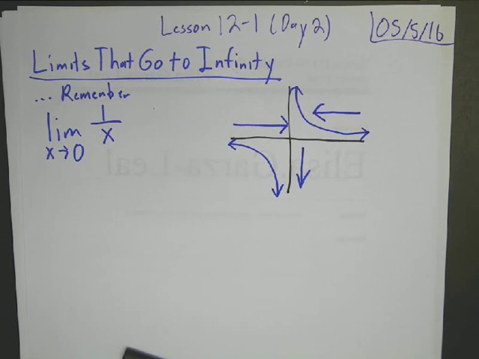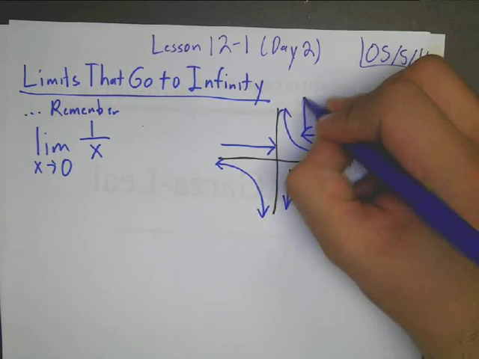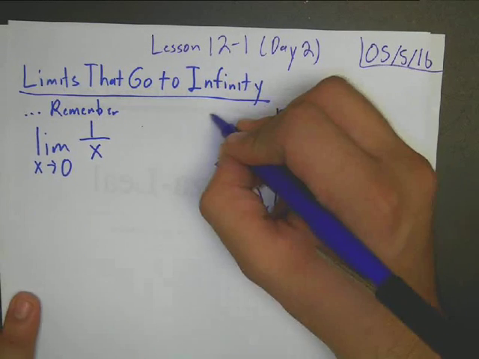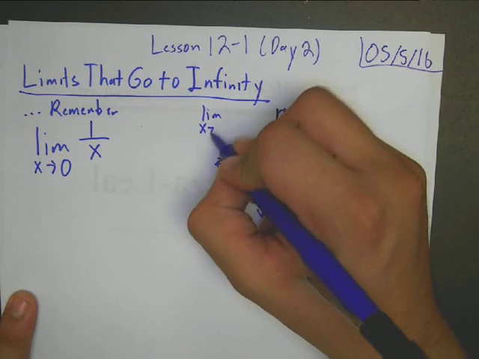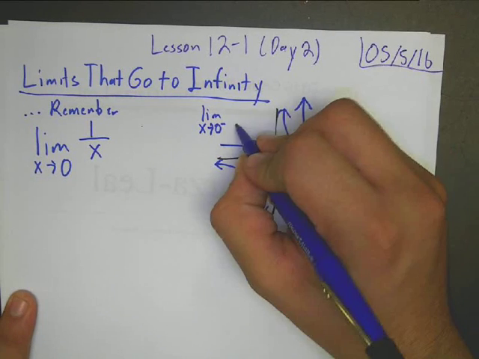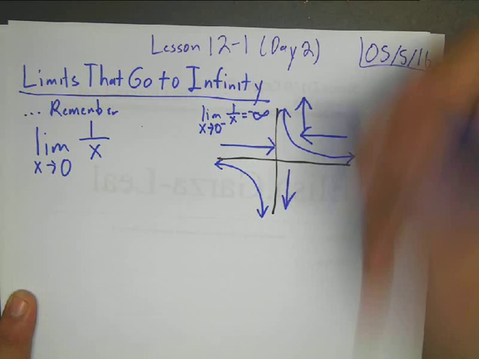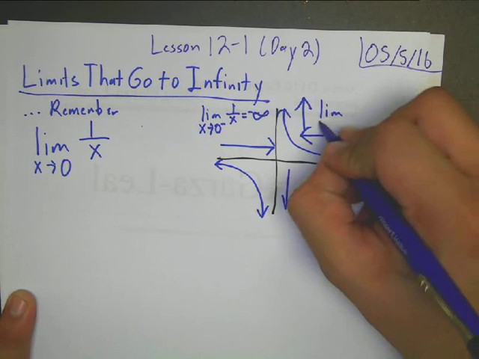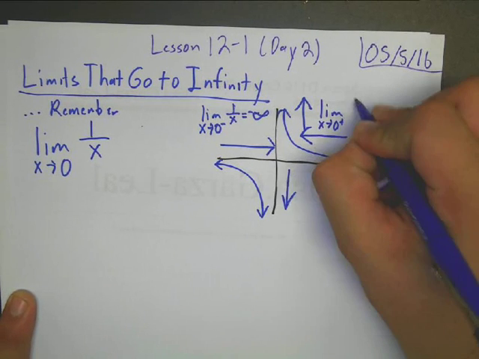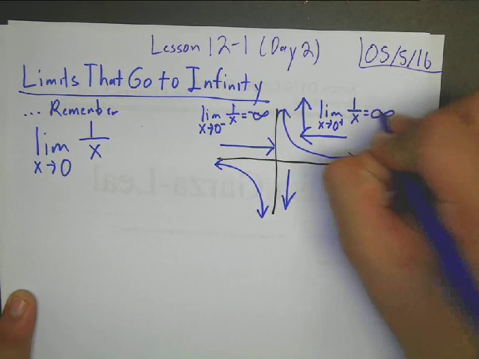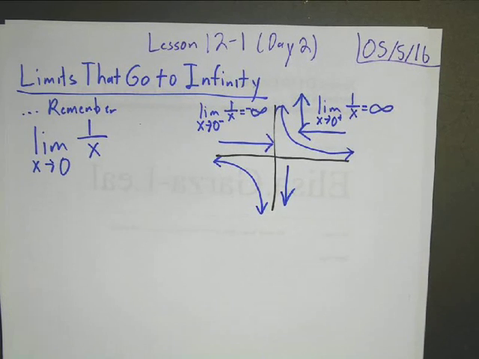Positive infinity. So, the limit as x approaches 0 from the left side (the negative means from the left) of 1 over x is equal to negative infinity. And the limit as x approaches 0 from the right side of 1 over x goes to positive infinity, right? We all remember that.